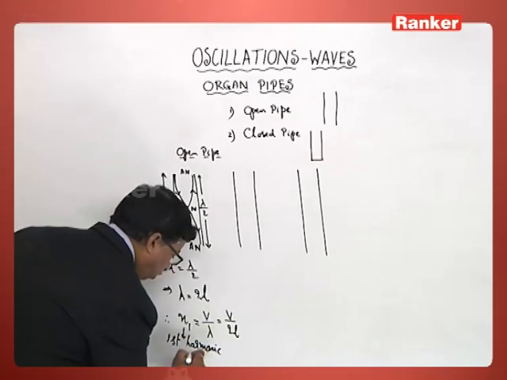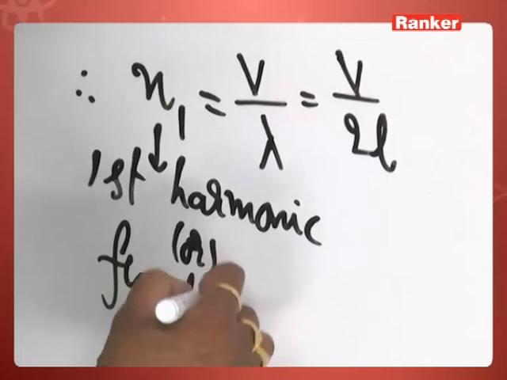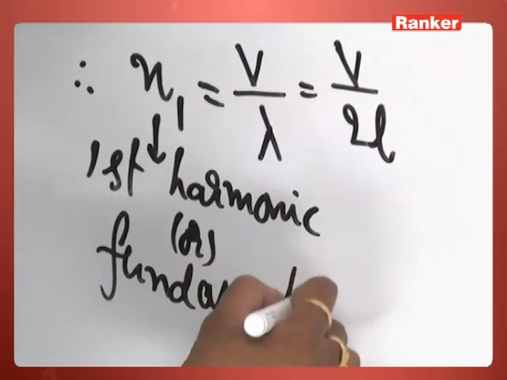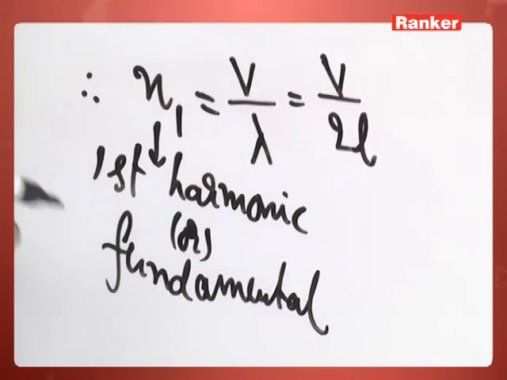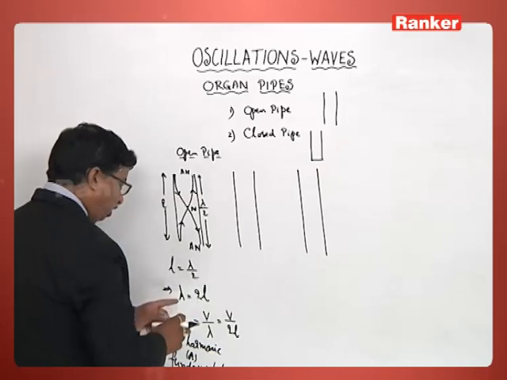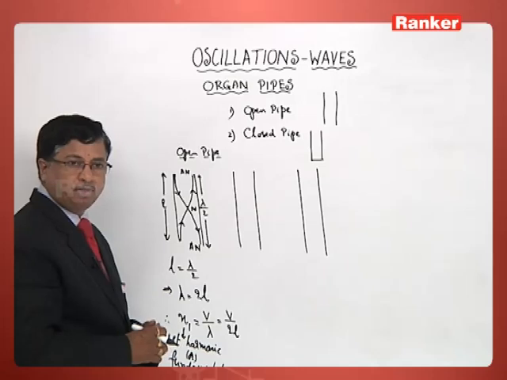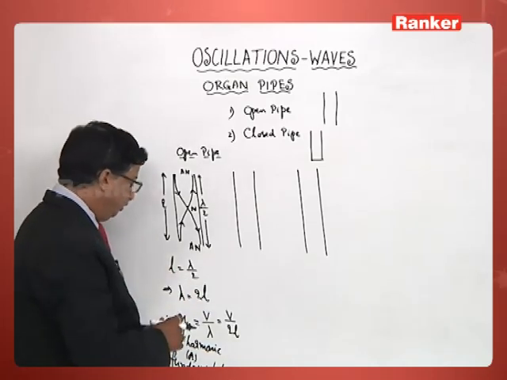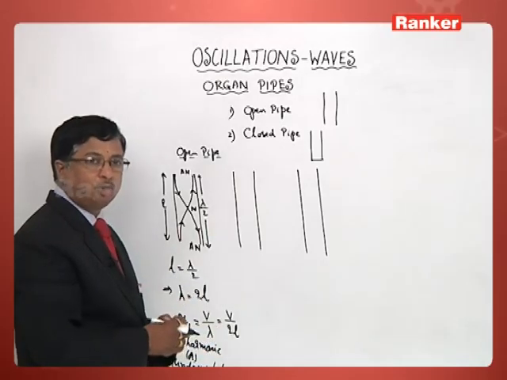One should understand this N1 itself, we call it either first harmonic frequency or fundamental frequency. You can even name this as 0th overtone also. In fact, we know theoretically that from the second harmonic onwards we count them as overtones.